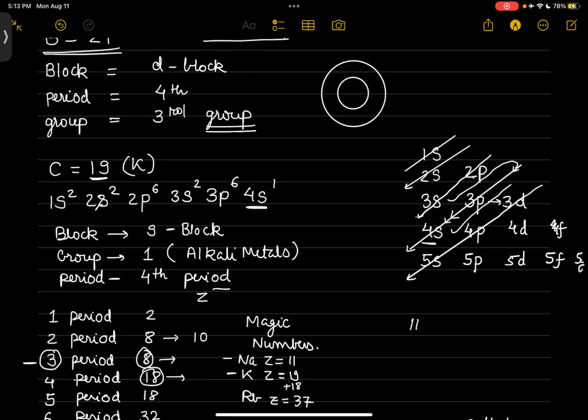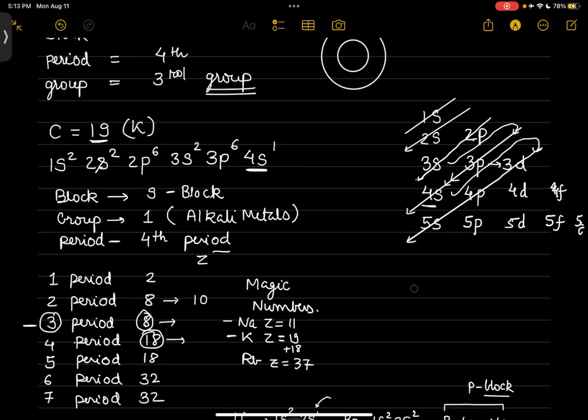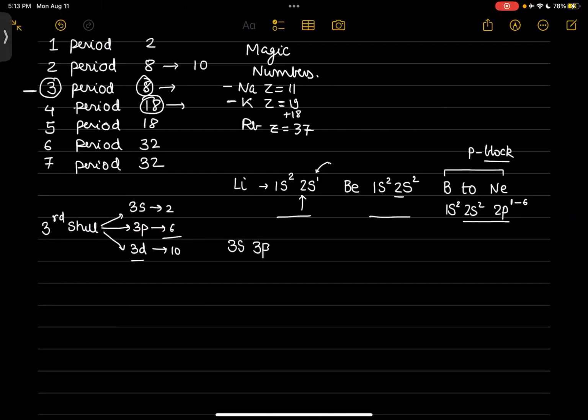Then go back to 3D. Got it? So actually you have 3S, 3P, 3D, but 3D is filled after 4S. If you put 3D, you would have 18 elements, but you don't have 18 elements because 3D is filled after 4S. This is a very important question. You need to keep it in mind.